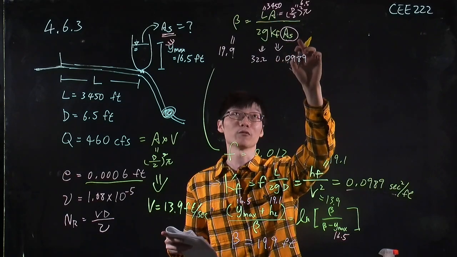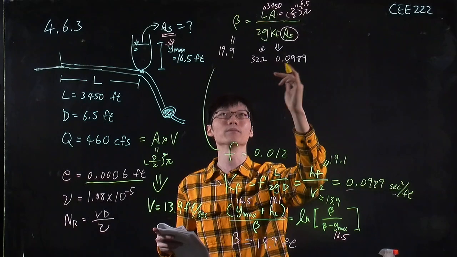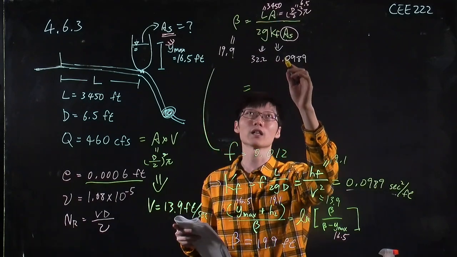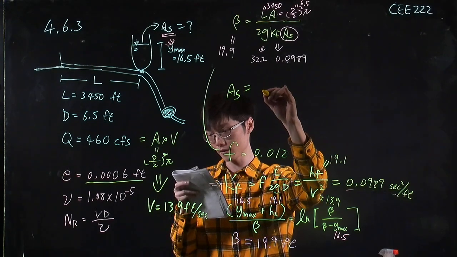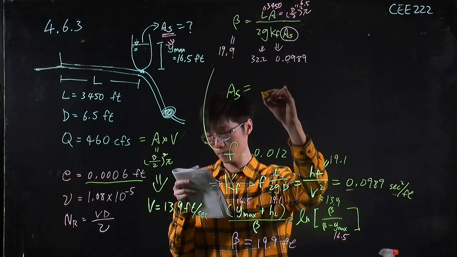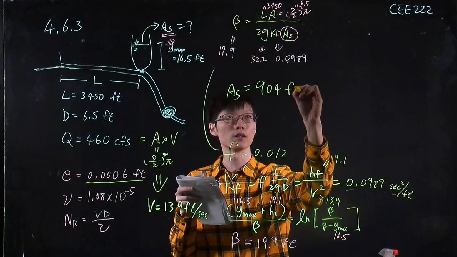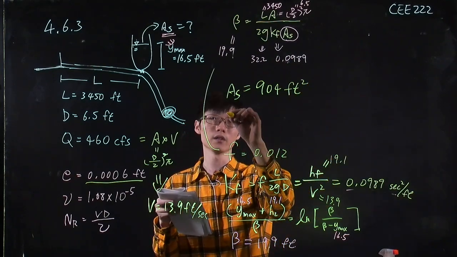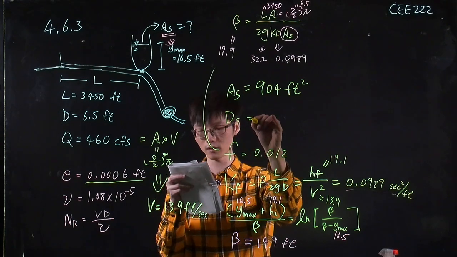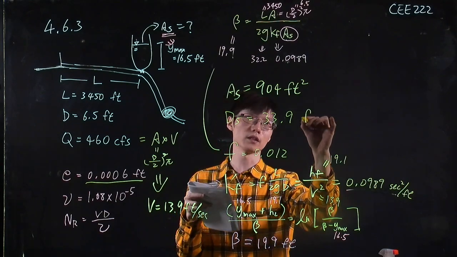The only thing that we don't know in this equation is this area of the surge tank. So similarly, use your calculator, then we can get this A_s equal to 904 square feet. And if you translate into diameter, then the diameter of this tank will be 33.9 feet.